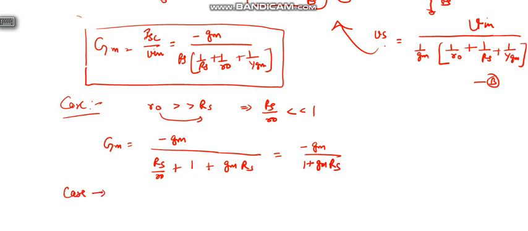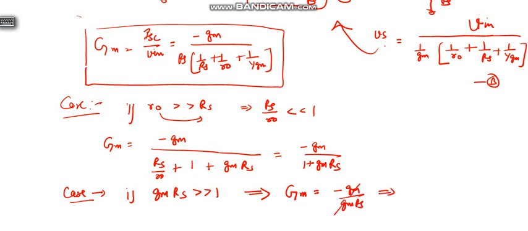Now consider another case further. If Gm RS is greater than 1, then Gm for this circuit is given by minus Gm divided by Gm RS, so Gm equals minus 1 by RS.